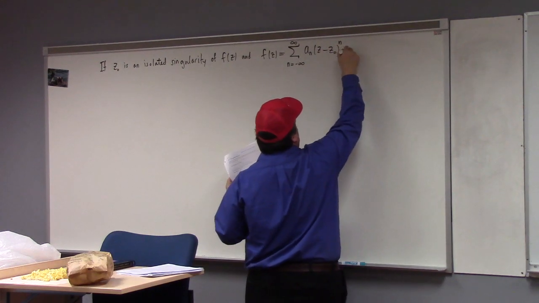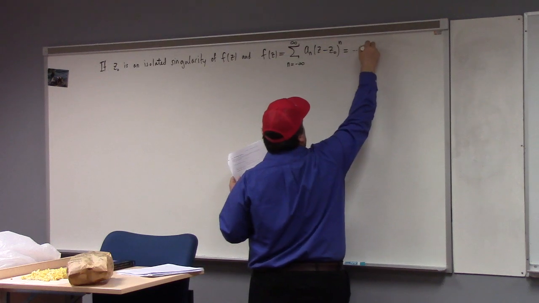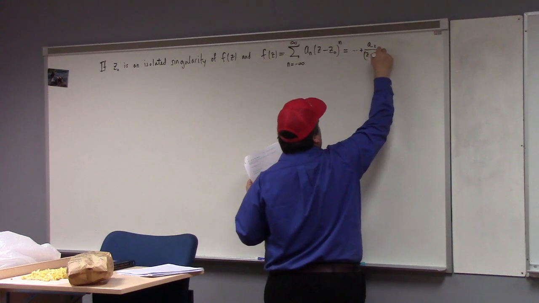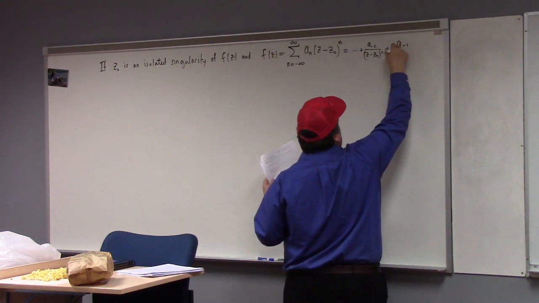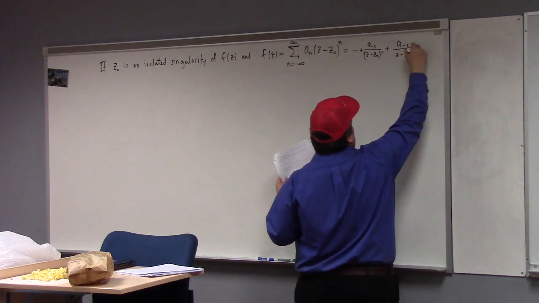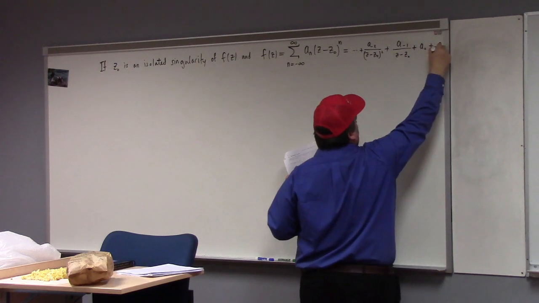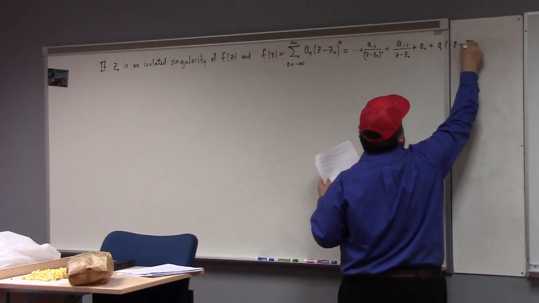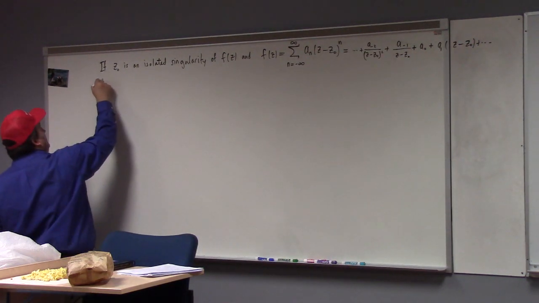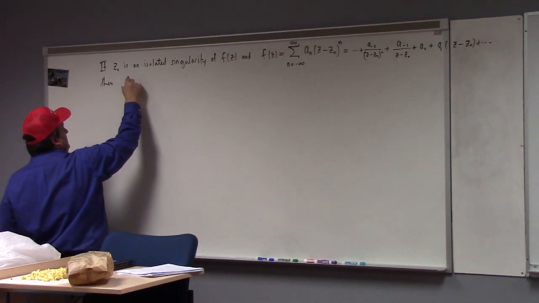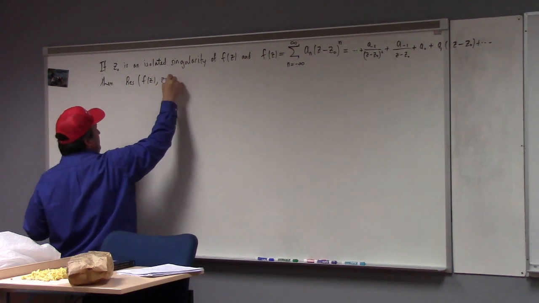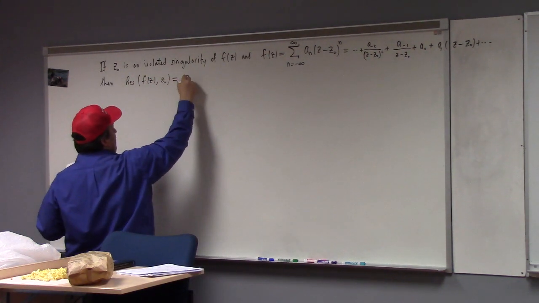So that is equal to a sub minus 2 over z minus z naught squared plus a sub minus 1 over z minus z naught plus a sub 0 plus a sub 1 times z minus z naught, etc. Then the residue of f of z at z naught is simply equal to a sub minus 1.